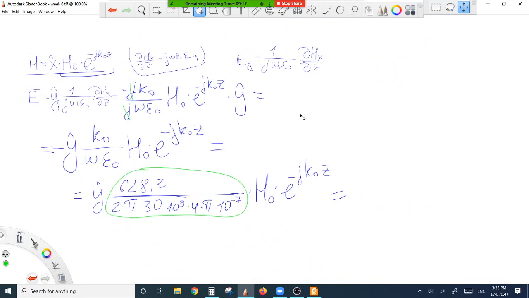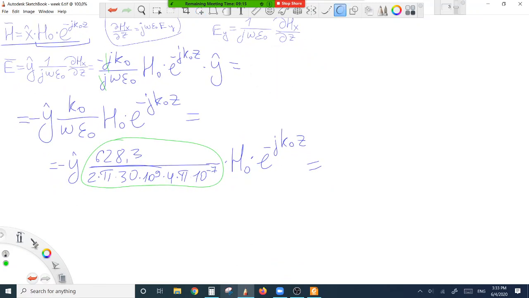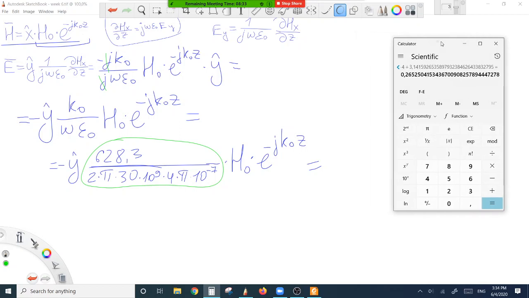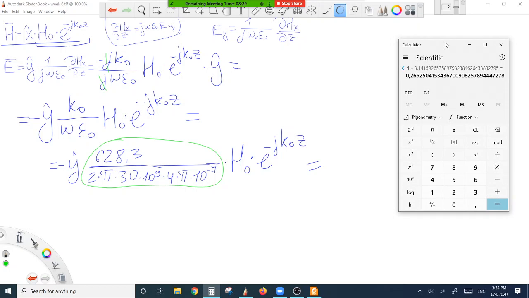I will compute it as well. 628.3 divided by 2, divided by pi, divided by 30, divided by 4, divided by pi again, is equal to 0.2653, times 10 to the power of minus 2, or 2.6525.